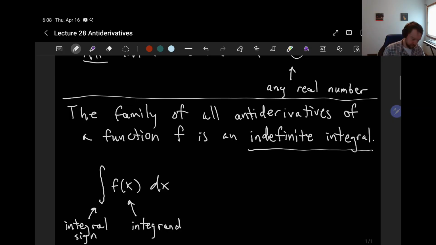And then you throw dx on the end. Now, there's a reason for this, but we won't get too into it right now. For now, just think of it as notation. It kind of bookends the integral. And it also tells you what variable you're dealing with. X is our main variable.